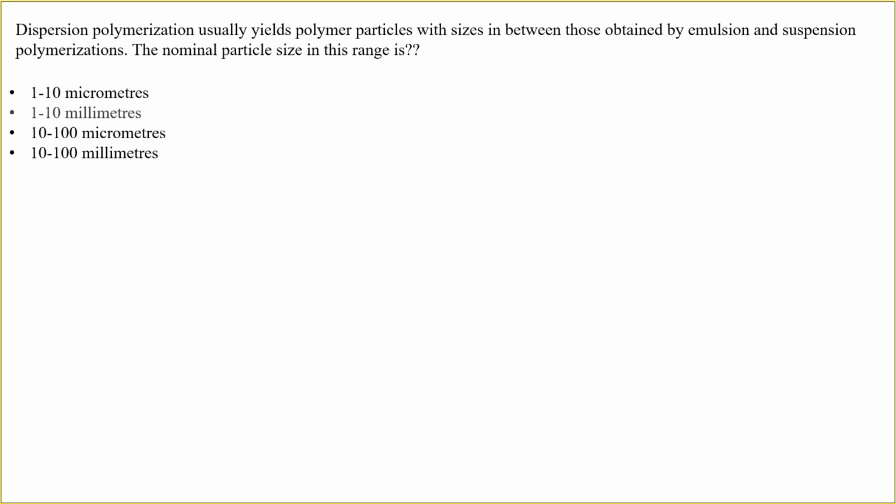So in these two ranges, the only option that lies in between is 1 to 10 millimeters. So the polymer particle yielded will be between the size of 1 to 10 millimeters. That is the correct answer for this question.